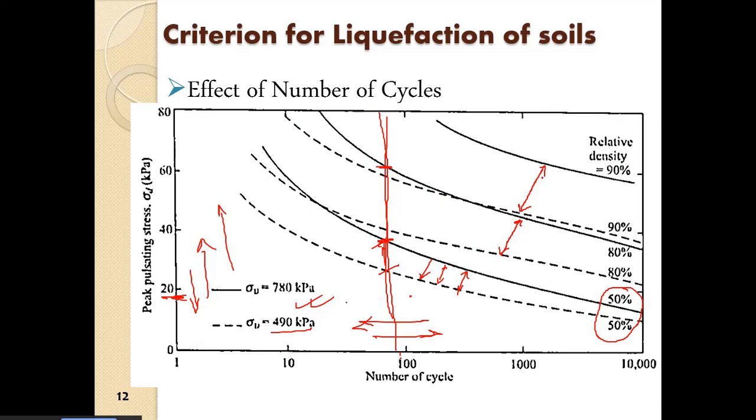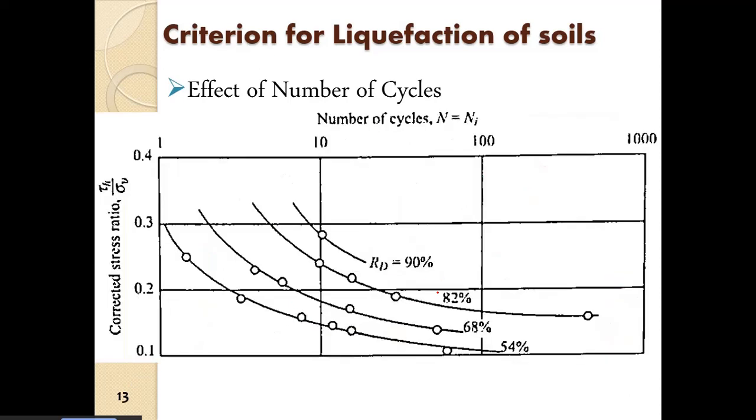And of course the effect of the confining pressure is actually more as the relative density also increases. So that is the effect of the relative density on the initiation of the liquefaction.